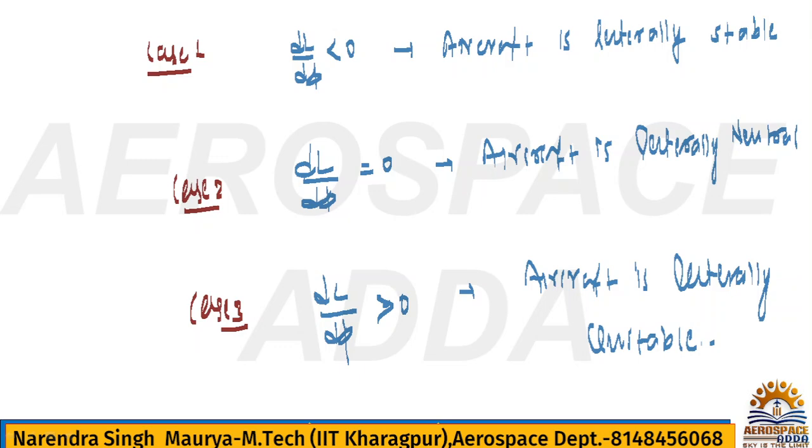Number one. Number two, based on this, dL by d phi is nothing but the slope. Just like CMCG versus alpha, which I told you is the slope for longitudinal static stability, similarly we have a slope here between rolling moment and angle of roll, which is also called banking angle.